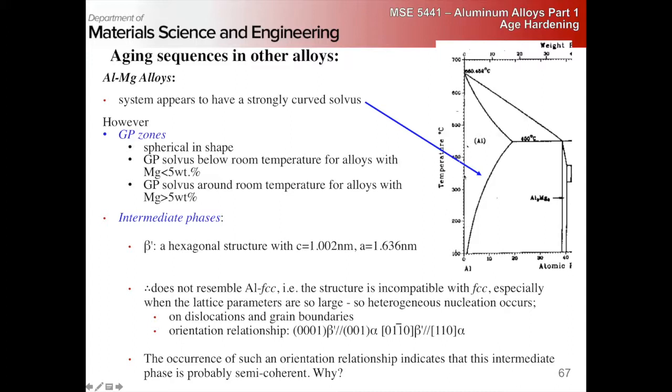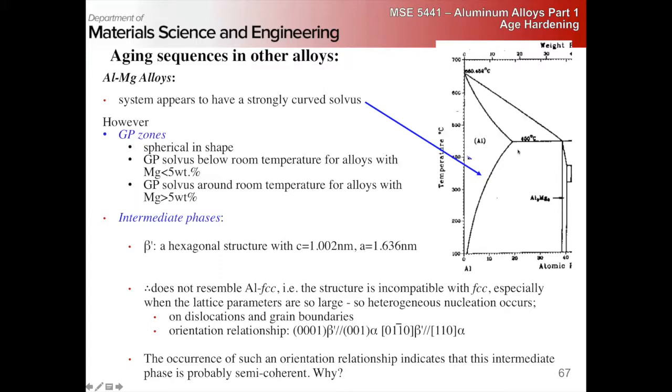We can only have a very small fraction, like iron carbon. We wouldn't be able to get a large amount of secondary phase reinforcing particles there. So this solvus curvature is really like a first order alloy design criteria.